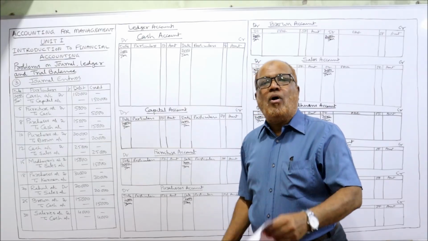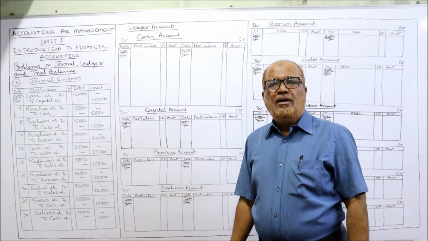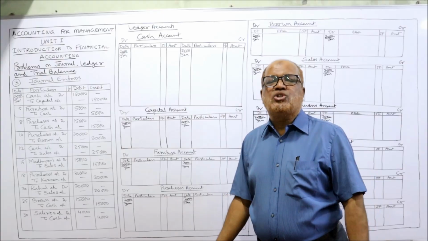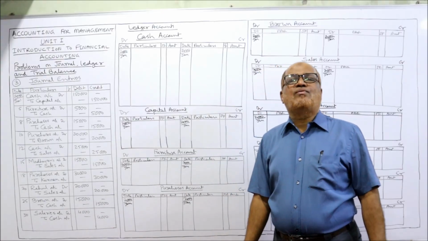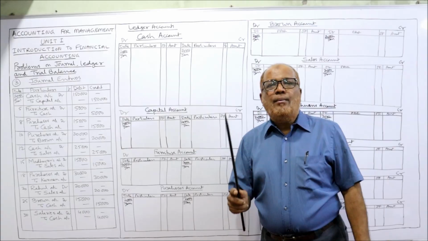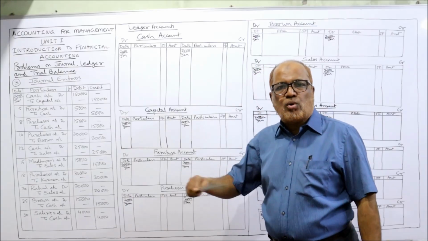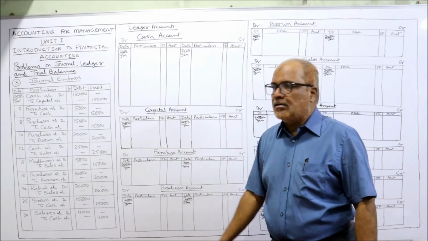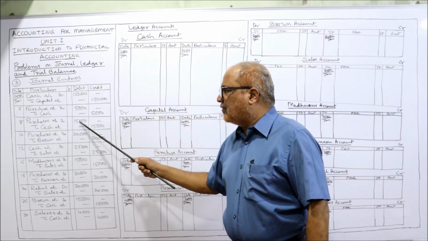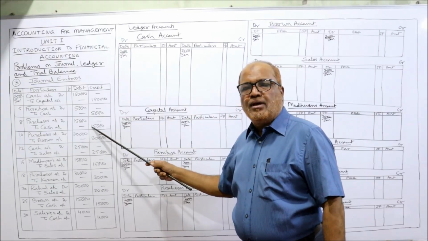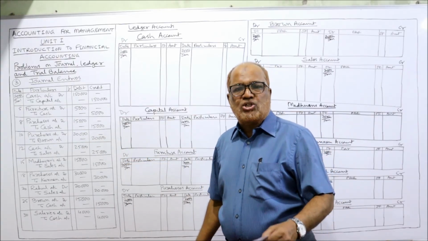Next, 8th, bought goods for cash. Bought means purchased. The entry will be purchases account debit to cash. Cash is going out, so cash should be credited. So purchases account debit 15,000 to cash 15,000, being the goods purchased for cash.